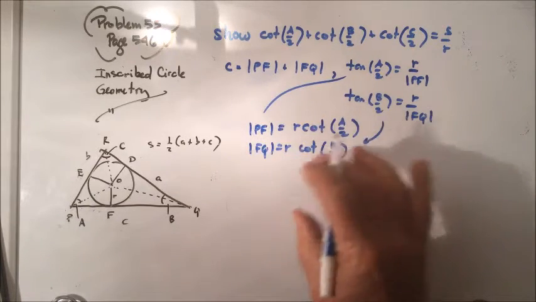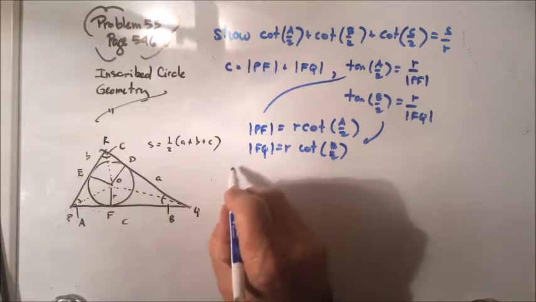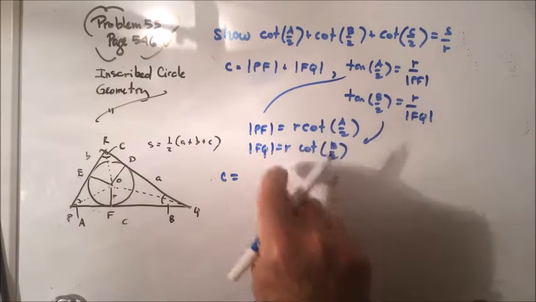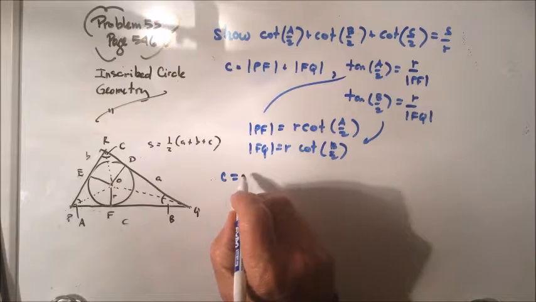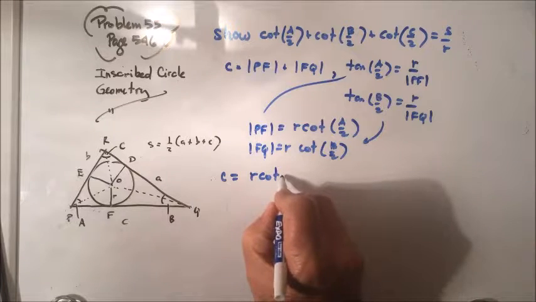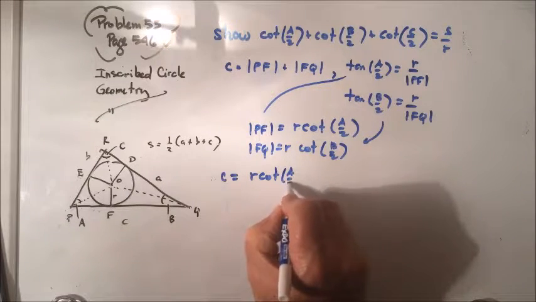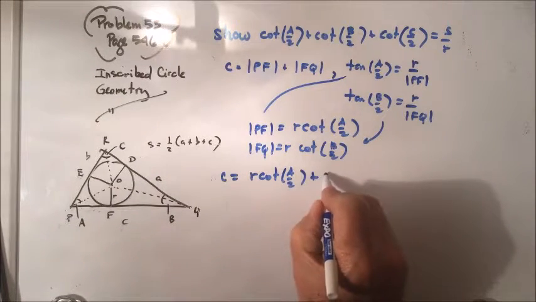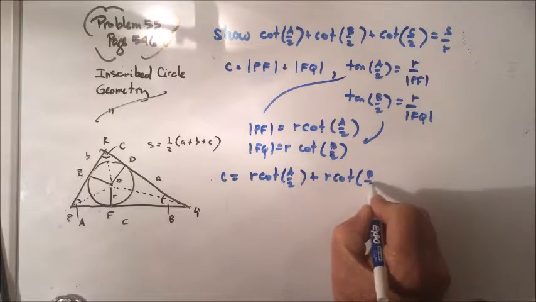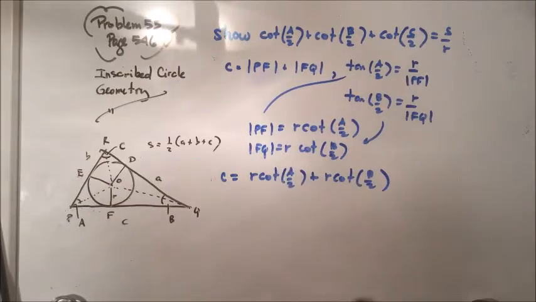And when I add these two things up, I'm going to get C is equal to this guy plus this guy, which is equal to R cotangent A over 2 plus R cotangent B over 2. Well, that's starting to look like what we want here.